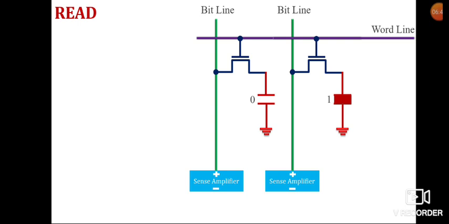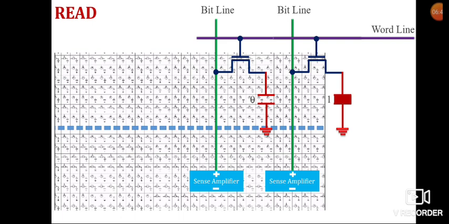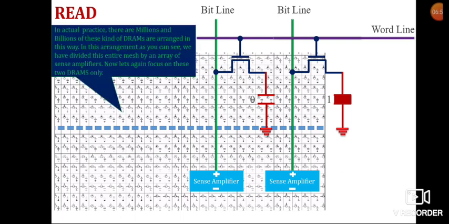And in order to better understand how these sense amplifiers are connected in the circuit, let's have a look at this image. What this image is showing is that in actual practice, there are millions and billions of these DRAMs connected in this way. Because one DRAM is storing one bit of information, and actually we need a RAM of at least like 2 GB, 3 GB, 6 GB.